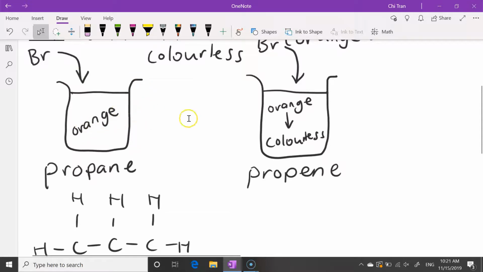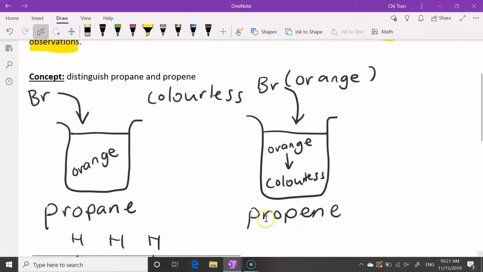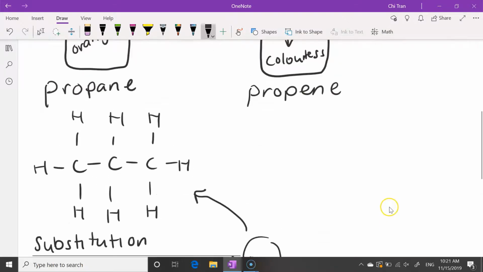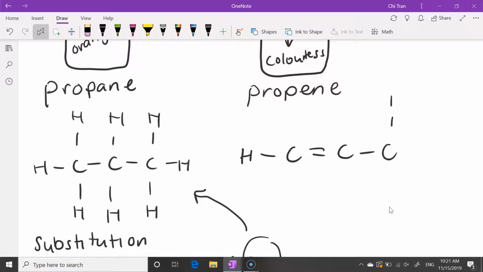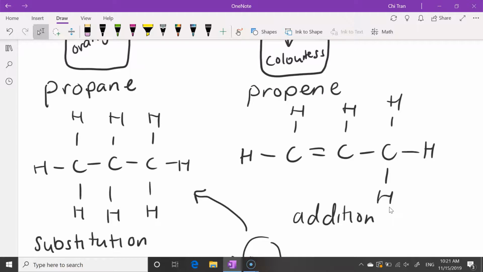So moving on to propene, we can also draw out its Lewis structure so we can visualize it. And it will look something like this. And so we can see the double bond allows these molecules to undergo addition to react with bromine. And this happens spontaneously.